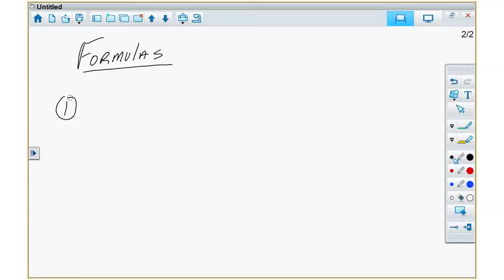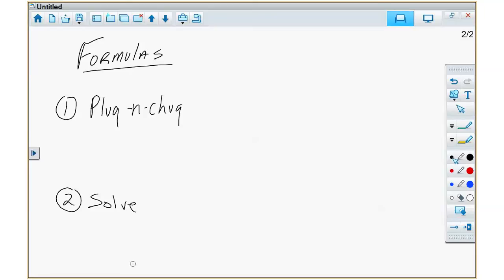There is the plug and chug. And then there is the solve. Okay. Most of you I'll probably give you 1 of each on the test, if not 2 of each. So I'm not talking about a lot of problems.